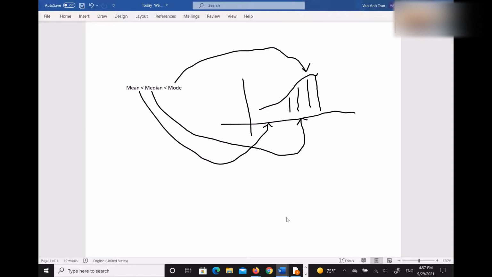One more time, remember that the mode is always the one with the tallest bar, okay? And if the tallest bar is to the right, then the other bars will be lower, okay, will be shorter. That means that it's skewed to the left. In this case, it is skewed left.